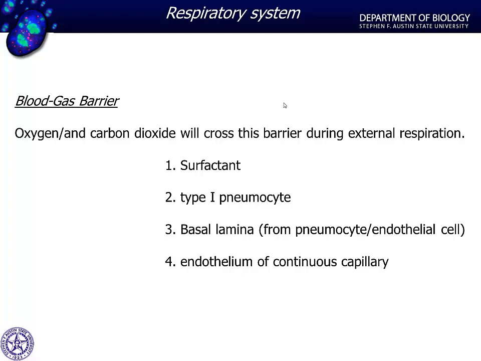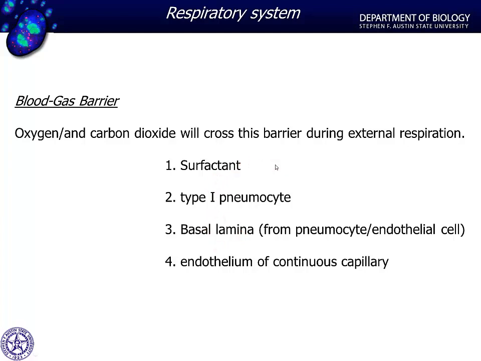So our blood gas or blood-air barrier essentially consists of the surfactant produced by our type 2 cells, the thin squamous cytoplasm of a type 1 pneumocyte, the cytoplasm of our very thin continuous capillary endothelial cells, and the minimal basal lamina situated between the two.